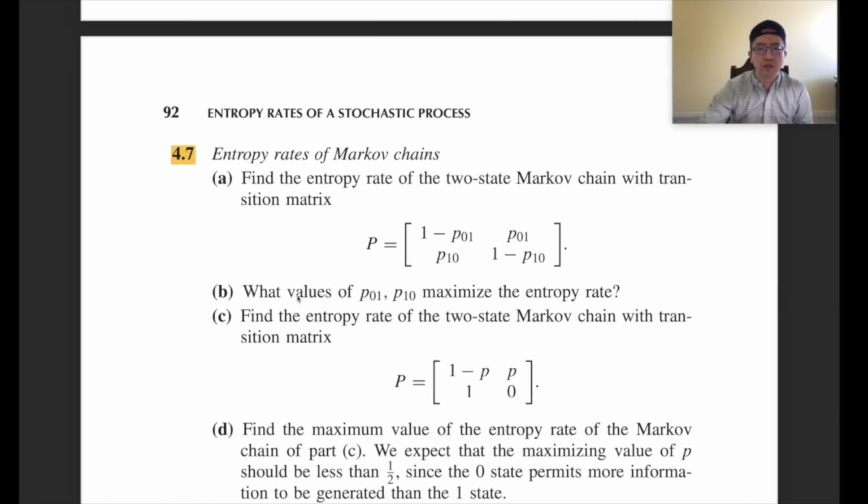Part B is: what values of p01 and p10 maximize the entropy rate? Okay, let's see how we can think about this problem. From part A, what we get is the entropy rate equals H of X1 given X0.